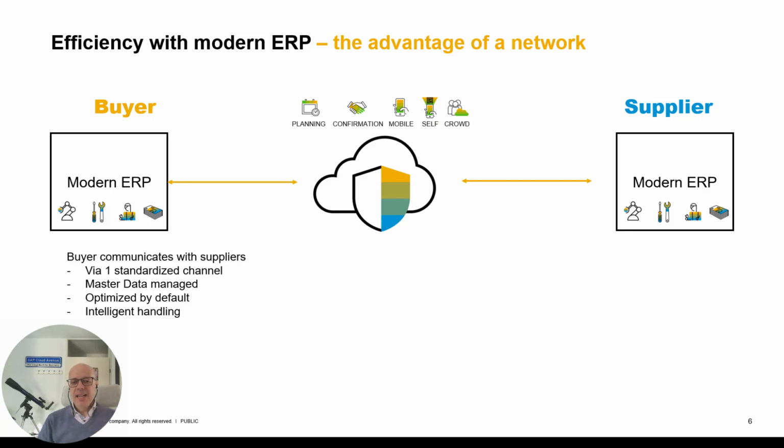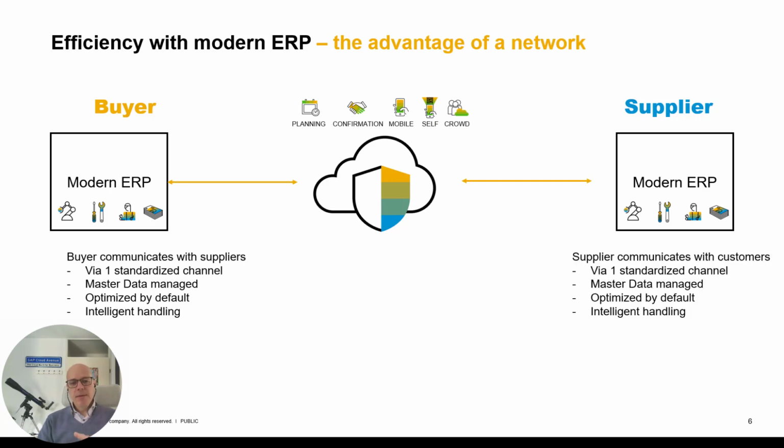It's an intelligent handling of the buyer-supplier communication and all the logistics behind it. The same advantage is of course for the supplier. In essence, that means that a modern ERP using the Ariba network leads to an improved business.